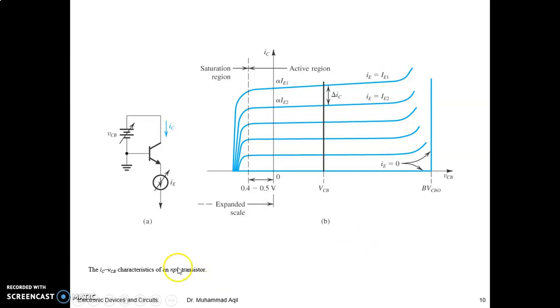So if you remember the common base characteristics of an NPN transistor, it starts from the second quadrant and goes to the first quadrant, right? It remains in the reverse forward region, the emitter base junction and the collector base junction. So it shows its saturation region here for common base, right?